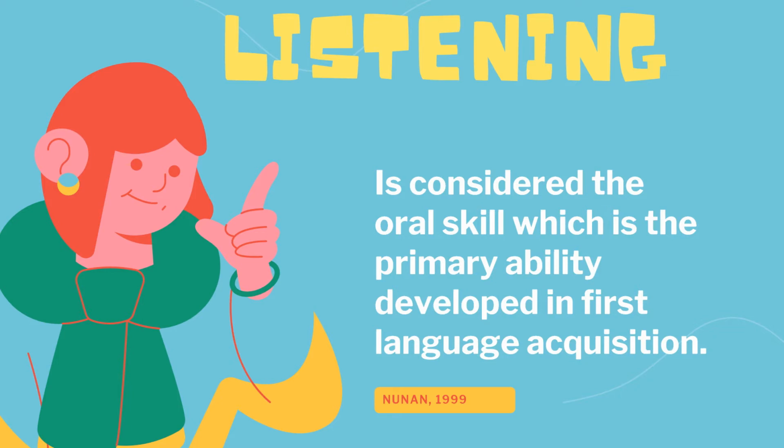To develop listening skills, we can use two types: one-way listening and two-way listening. The first type, one-way, is more conventional and traditional, and two-way listening is an interactive and contemporary type.